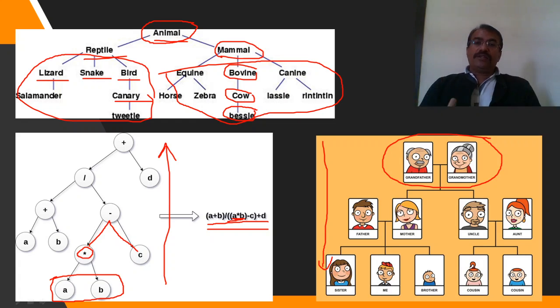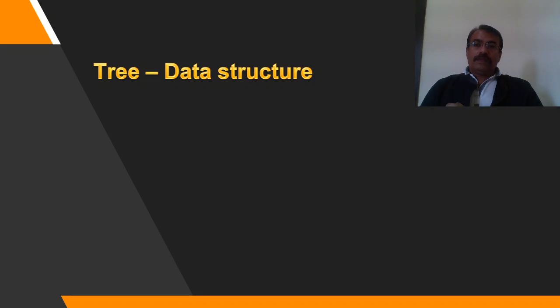If these kinds of data appear and we are asked to store them, at that moment we'll have to take help of a tree kind of data structure. How these trees can be constructed, what are the types of it, how they'll be helpful for us to store the data, that we are going to see in this lecture. Okay, so the tree as a data structure.